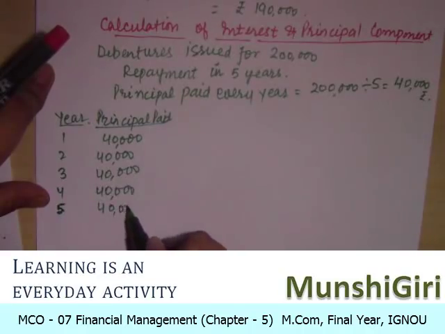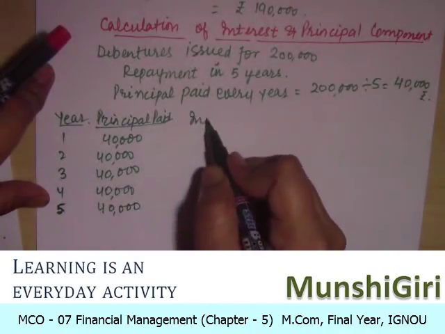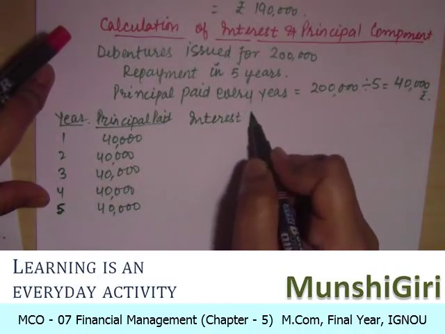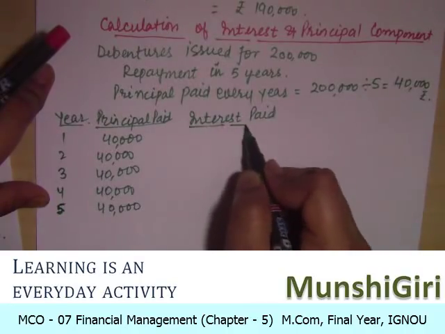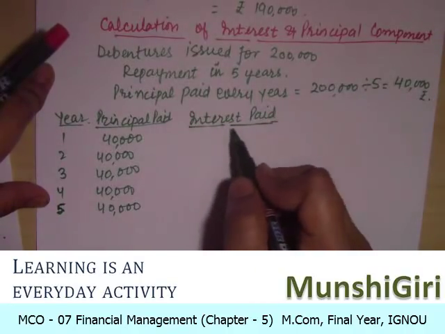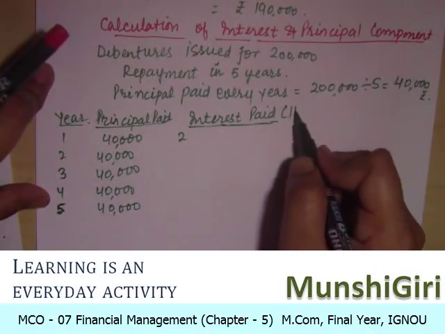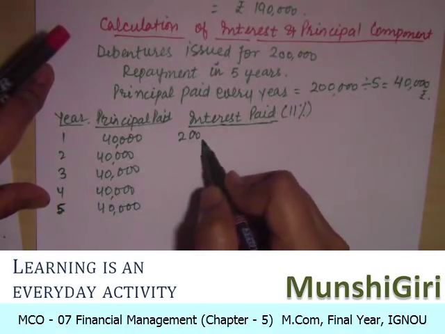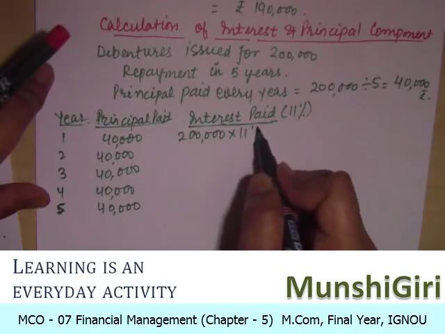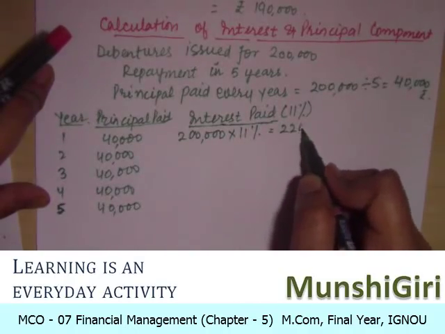How much is interest paid? In the first year, the interest is paid on the entire amount of 2 lakh. Interest is 11%. 11% of 2 lakh is 22,000.